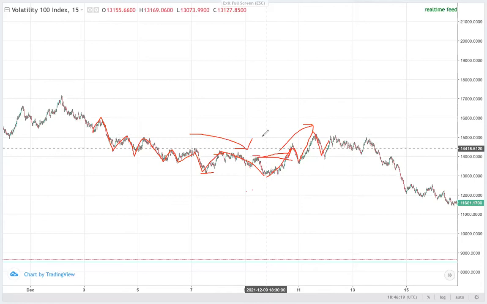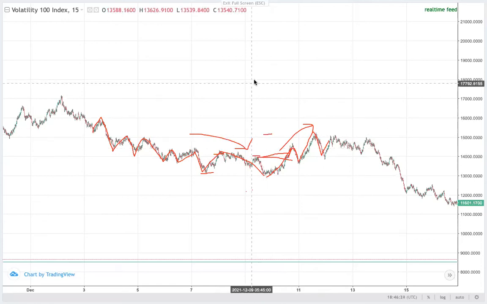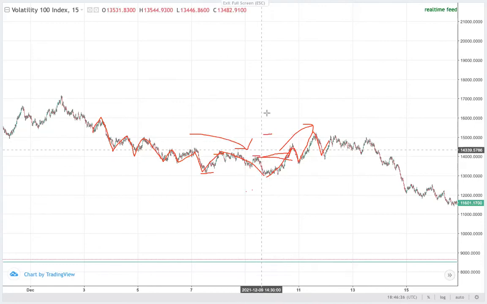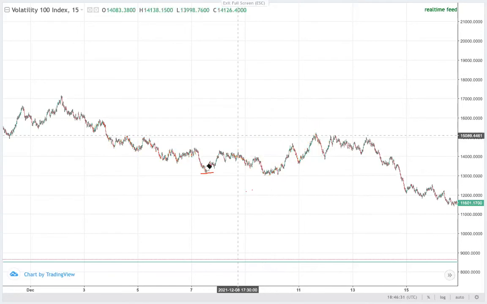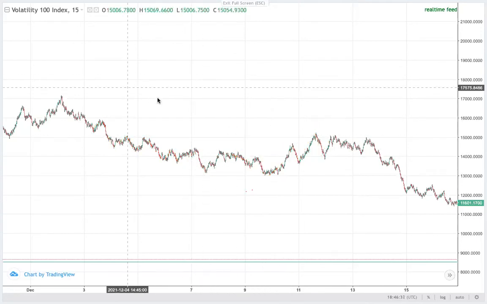So from this point up to around this point, we would have made some profit, right? Why? Because we broke market structure, which told us that we were downtrending.